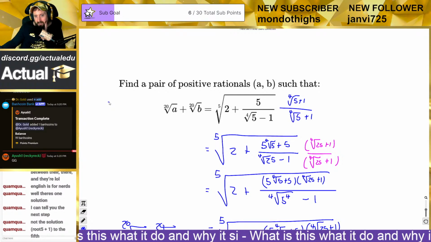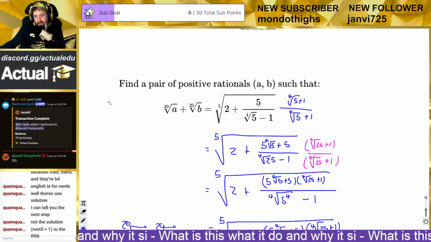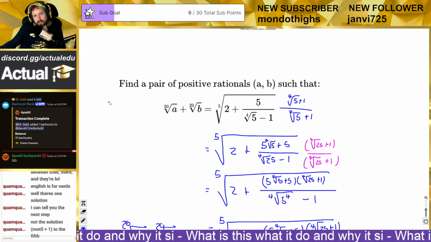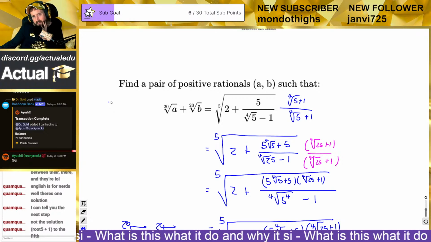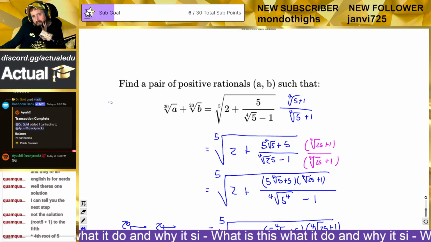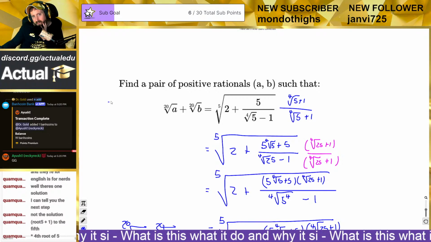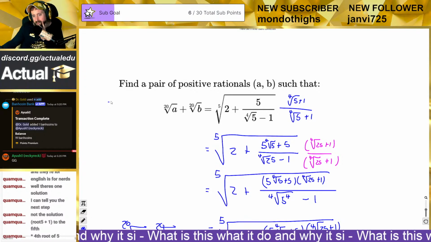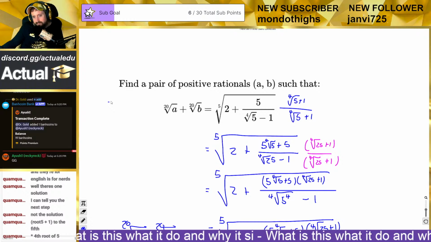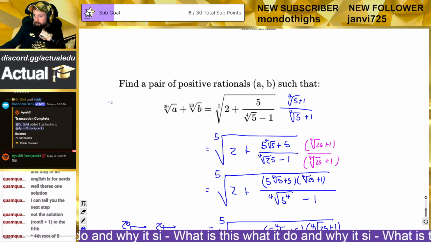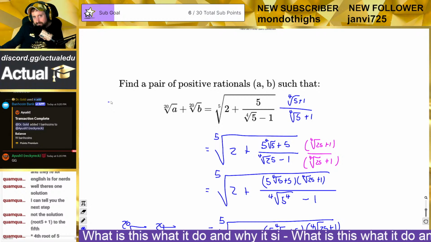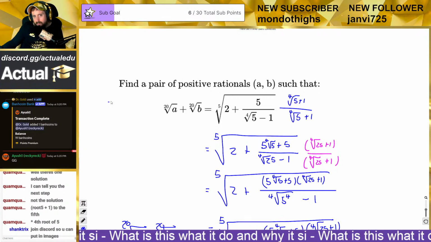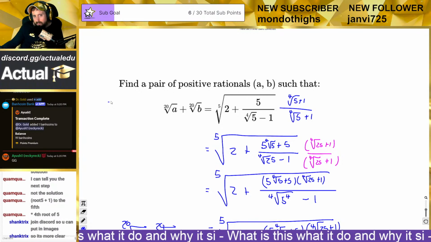Root of 5 plus 1 to the 5th. Root of what? Oh, root 5? Wait, what? I don't know what that means as the next step, though. Fourth? Yeah, join the Discord, Quam.